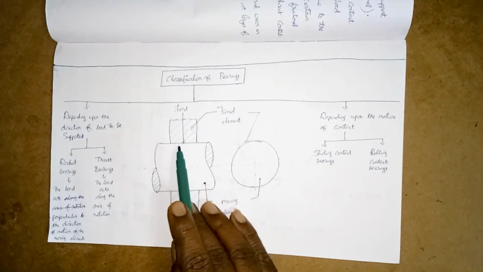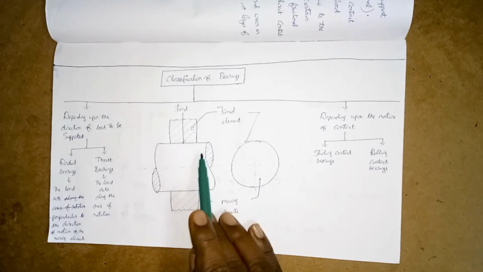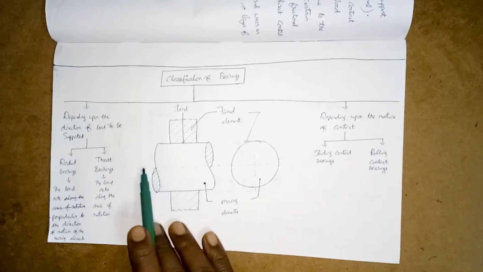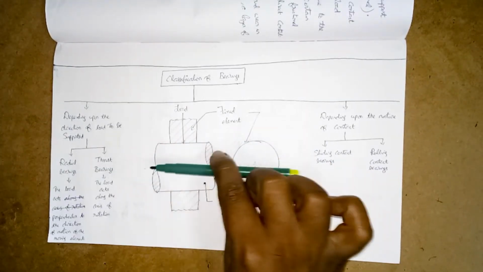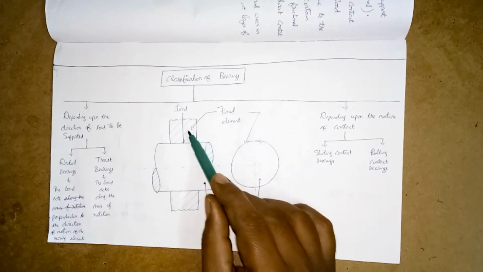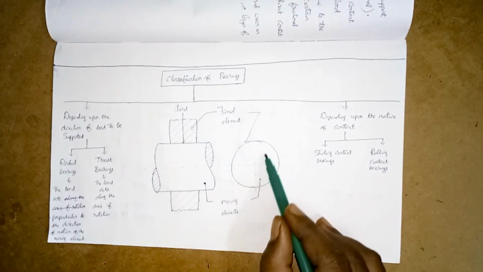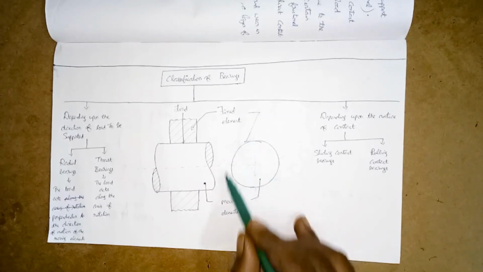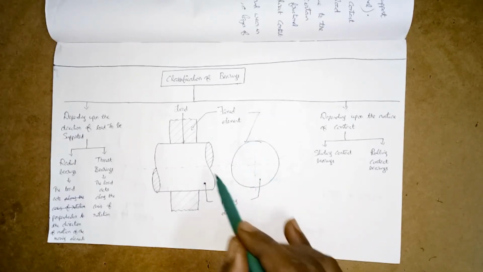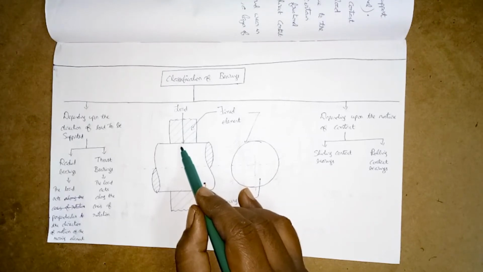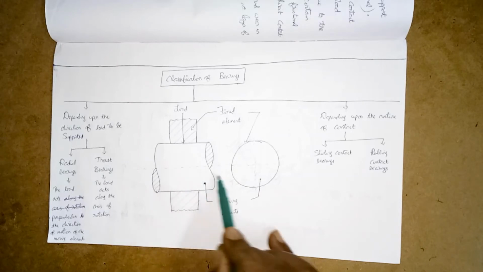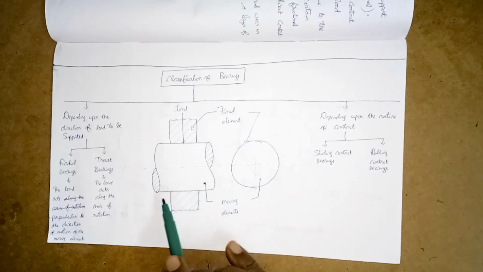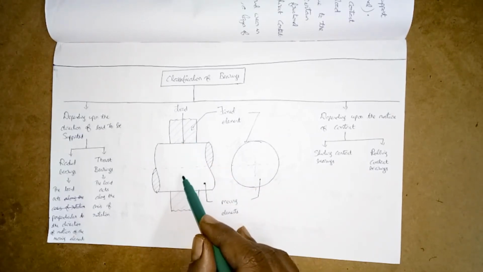The shaft is the moving element, and this is the fixed one. So in radial bearings, the load is perpendicular to the direction of motion of the moving element.